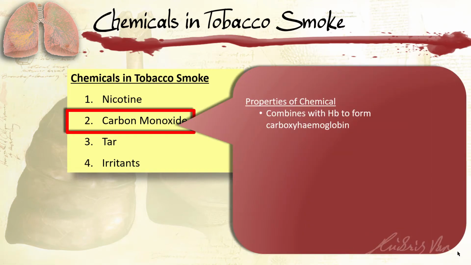Next, we have carbon monoxide. Carbon monoxide will combine with hemoglobin, forming carboxyhemoglobin. Unlike oxygen, which binds to hemoglobin forming oxyhemoglobin and will actually dissociate from hemoglobin when it reaches regions of the body that have low concentration of oxygen, in the case of carbon monoxide, the bond between carbon monoxide and hemoglobin is very strong, so once it binds onto hemoglobin, it will not dissociate easily.